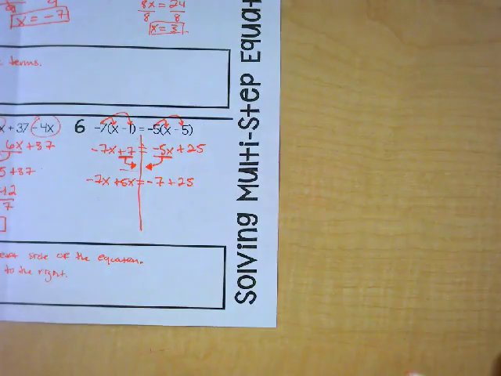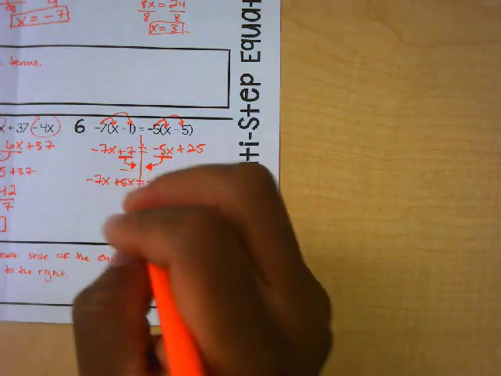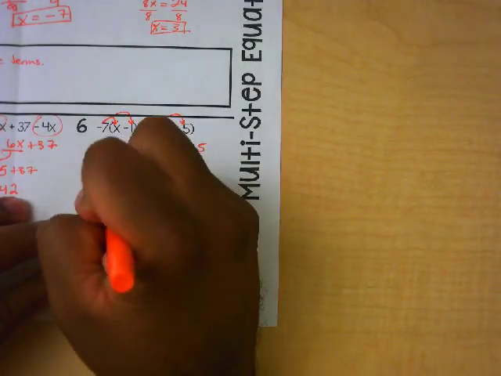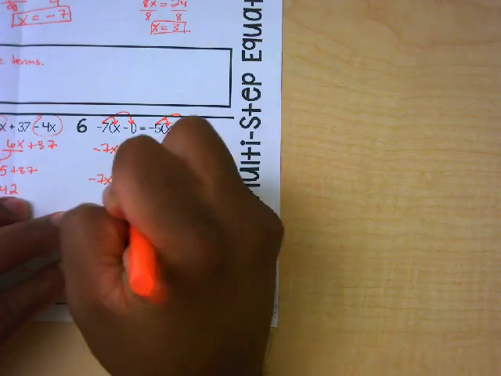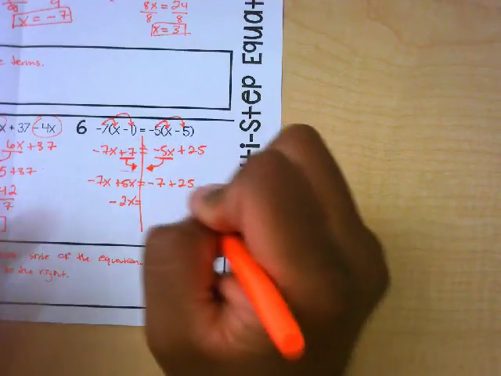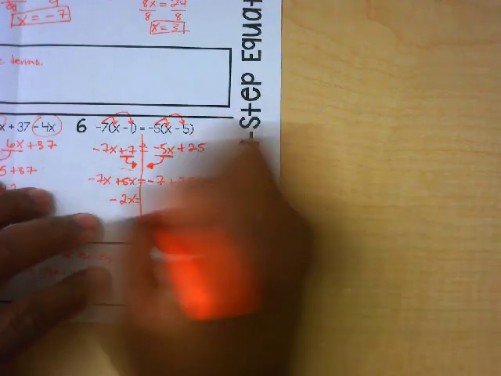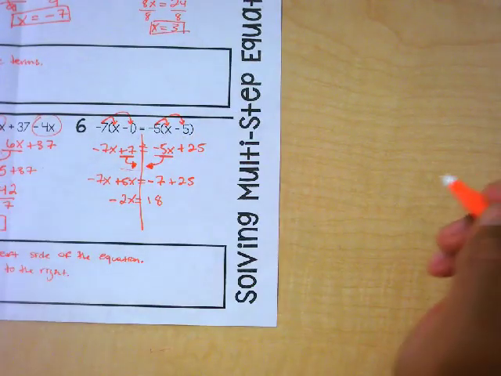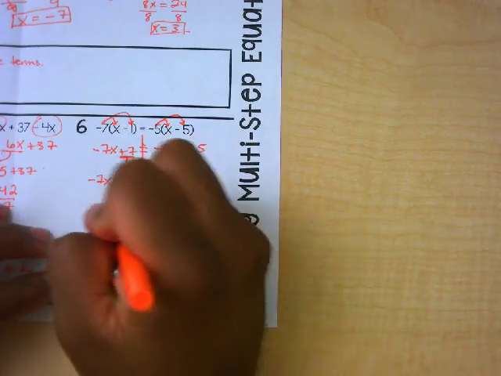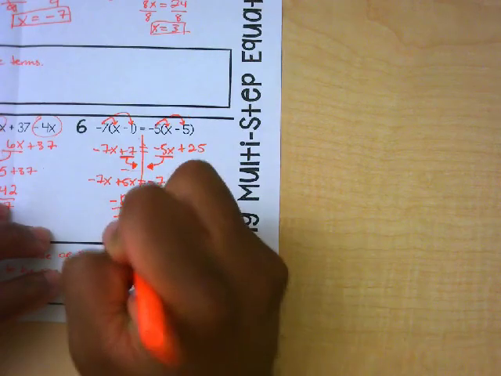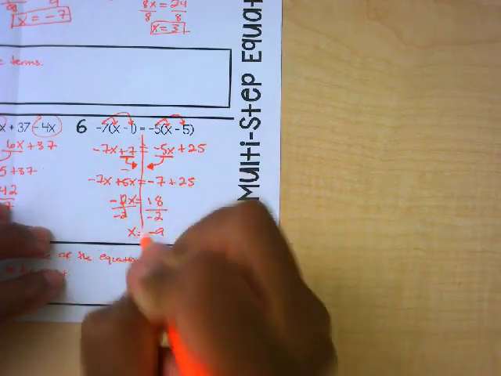So negative 7x plus 5x is a negative 2x, and then we have negative 7 plus 25, and that equals 18. And so we divide by a negative 2, so x is equal to negative 9.